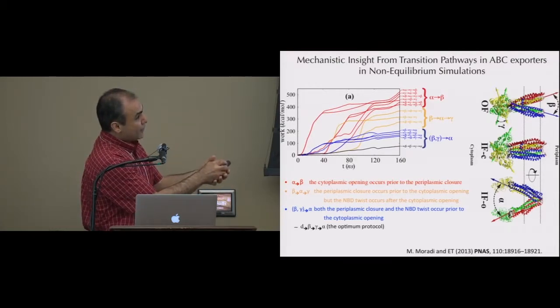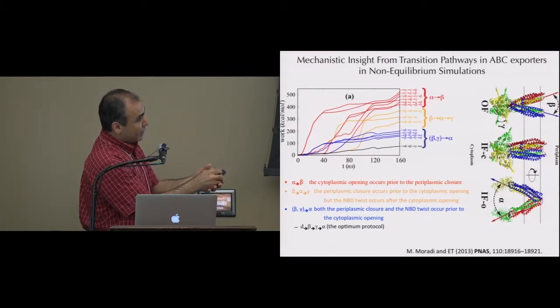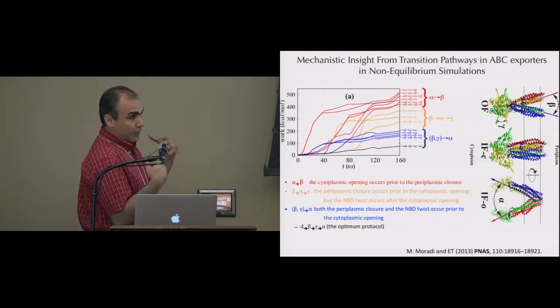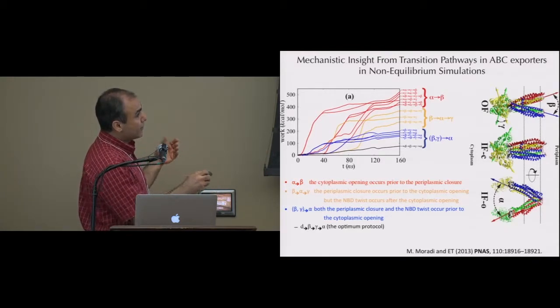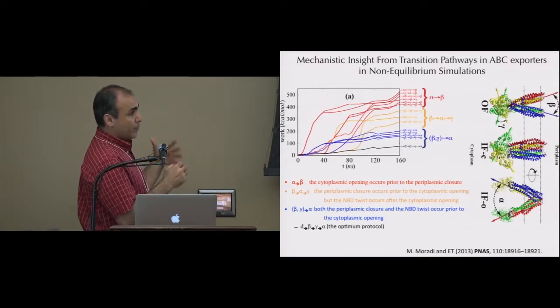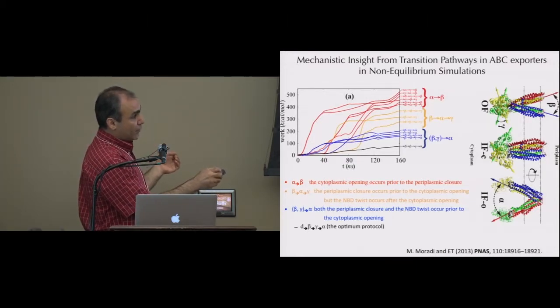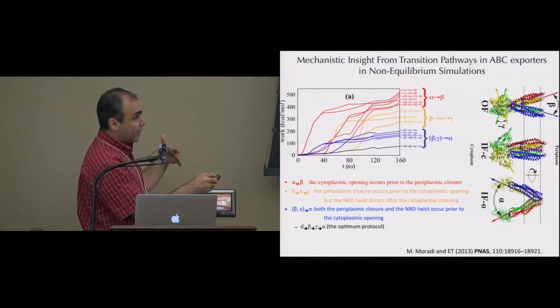So you start noticing that there seems to be a sequence, an order of events involved. It's not a simple process. There are many steps involved, and you have to take this into account. And naturally, from your comprehensive search comes out the more reasonable mechanism in which D changes before beta, before gamma, before alpha.